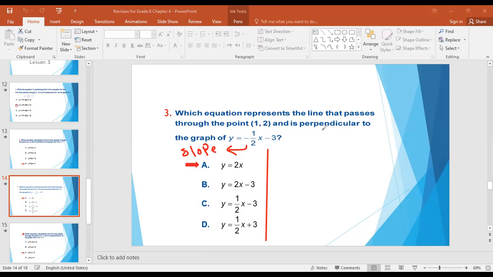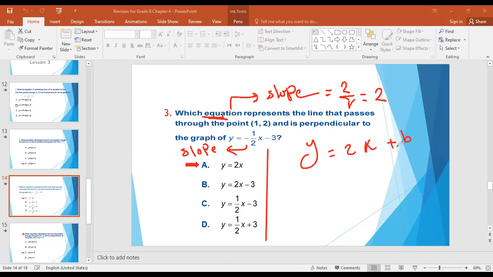So the slope of that straight line equals the negative reciprocal, 2 over 1, which is 2. Now the equation is y equals 2x plus b. And we have that point, so 2 equals 2 times 1 plus b.